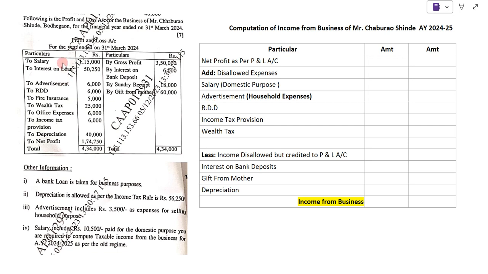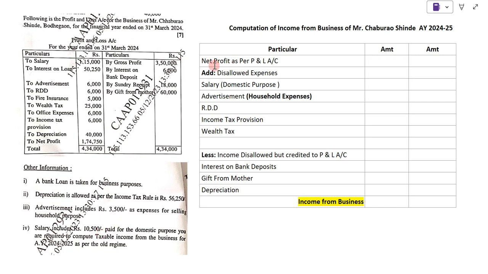Disallowed expenses will be in the debit side of the profit and loss account, and in the credit side will be the income which is disallowed but still credited in the profit and loss account. Now see here, first is salary 1,15,000. From this salary, 10,500 is paid for the domestic purpose. That means 10,500 is used for the personal purpose, so this 10,500 will be a disallowed expense.